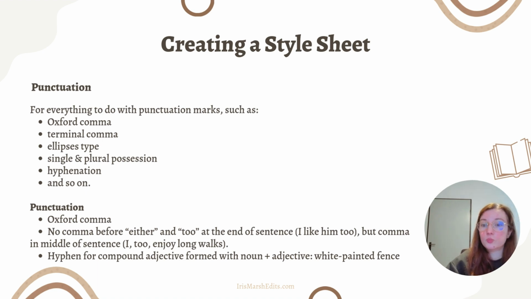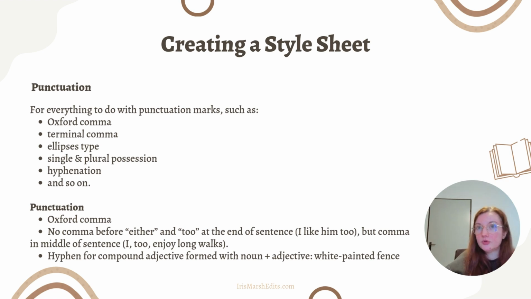You can also put in what kind of ellipses you use, how you handle single and plural possession, periods with abbreviation, although you can also put that in the abbreviation section, and stuff on hyphenation, and everything else. For hyphenation, you can also add some general rules about compound adjectives, with some examples where you can just add the compound adjectives you come across in the word list.